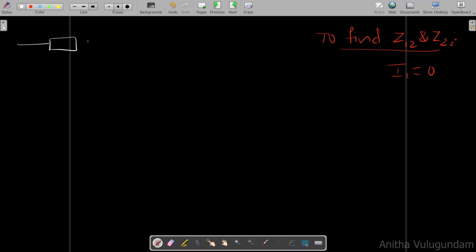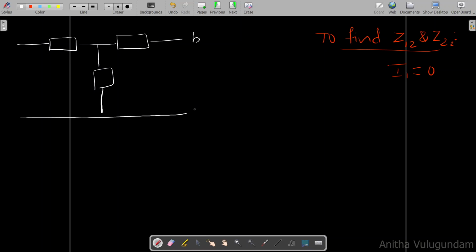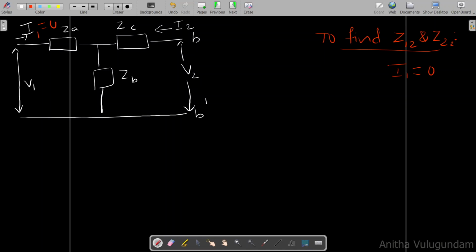So the figure is given like this: ZA, ZC, and this is ZB, port BB dash, this is V2, this is I2, V1, and here the condition is I1 equal to 0.